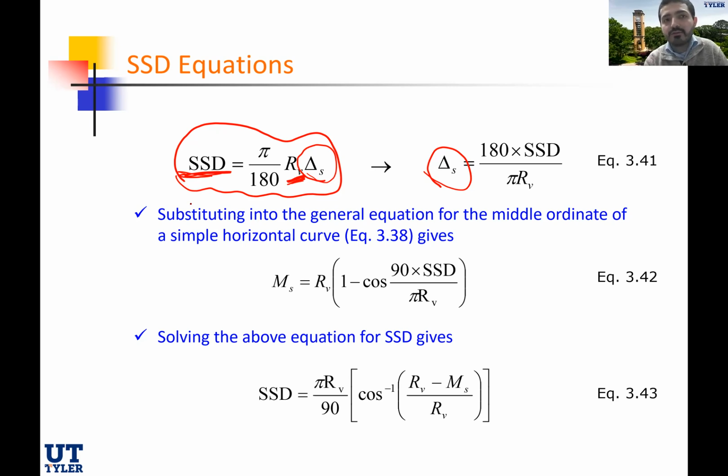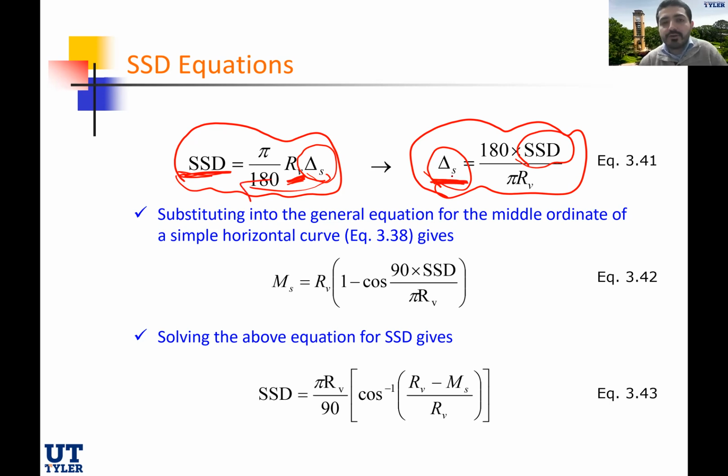If you're designing the roadway, you're going to use this equation. So delta S is in terms of SSD, and you can play with this equation to move everything to one side and delta S to the other. It depends on whether you're designing versus analyzing. If you know the available sight distance, you can define the minimum delta S, or if you know delta S, you can get the SSD.